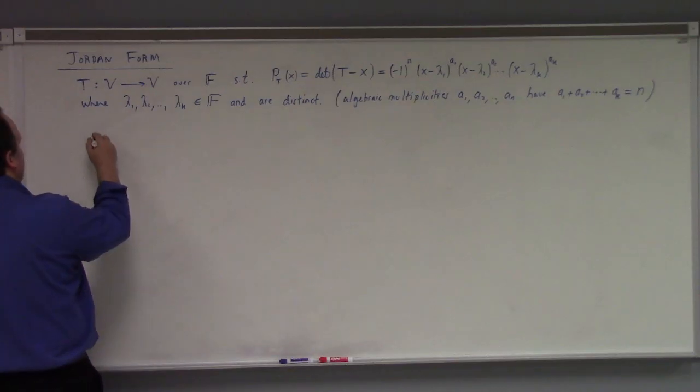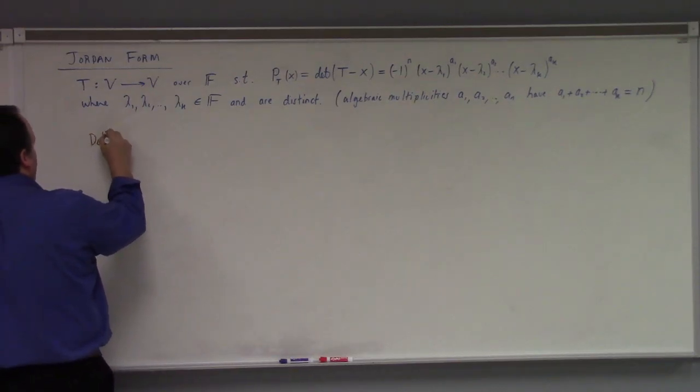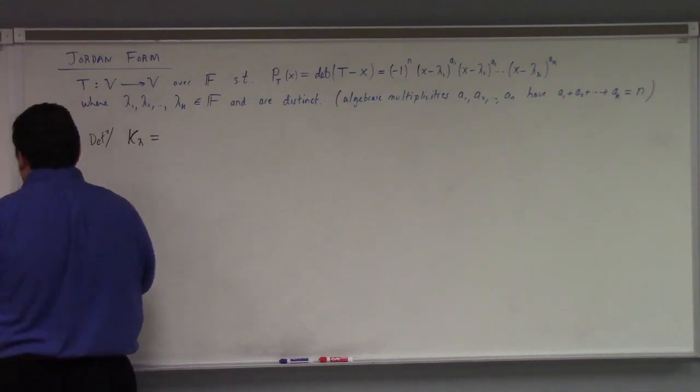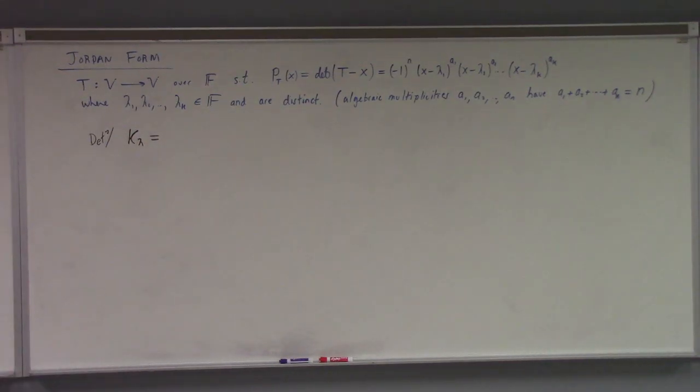So the first definition is K sub lambda. This is the generalized eigenspace with eigenvalue lambda.